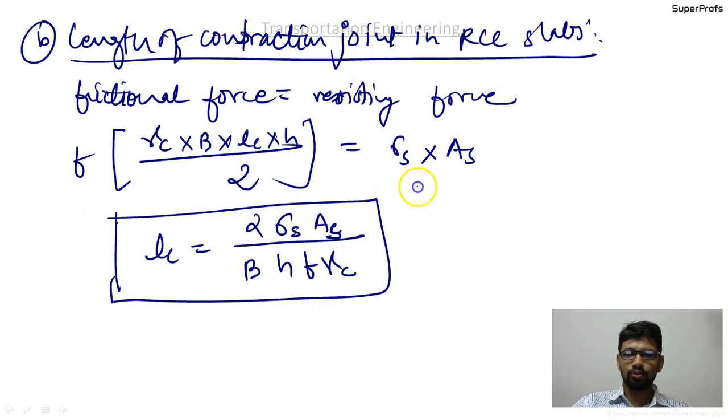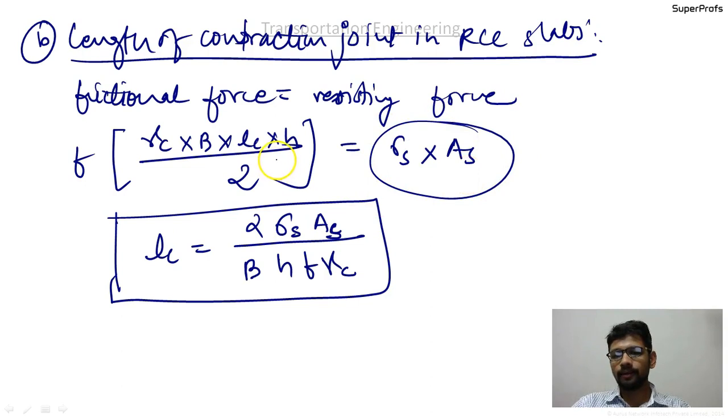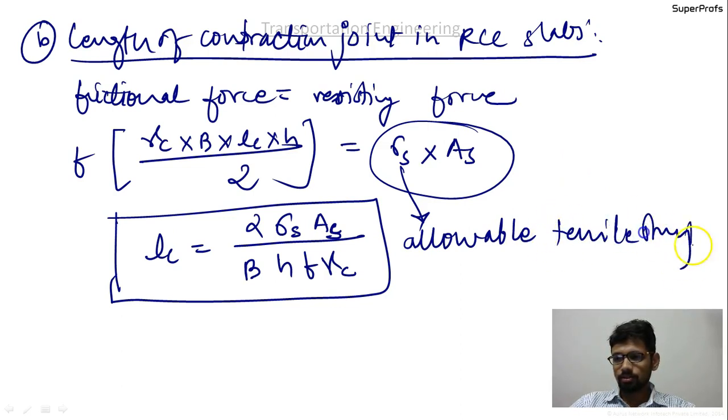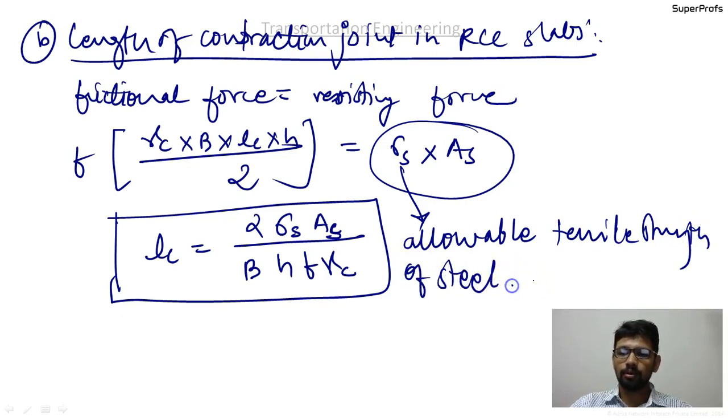So in this case we are assuming that the complete tension is taken by steel. Please make a small note in your notebooks that the complete tension is taken by steel, and sigma s is the allowable tensile strength of steel that will be given to you in the problem, and concrete plays no role in this design.